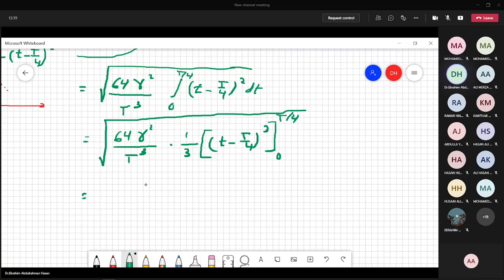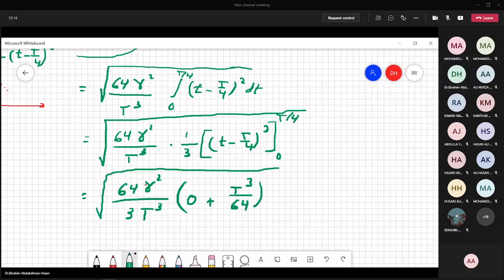So then it is equal to 64 gamma squared over 3t cubed, divided by, at t over 4, this is equal to 0 minus, at 0, it's equal to minus t over 4 cubed. So minus minus, I will get plus t cubed divided by 4 cubed, which is 64. Okay.